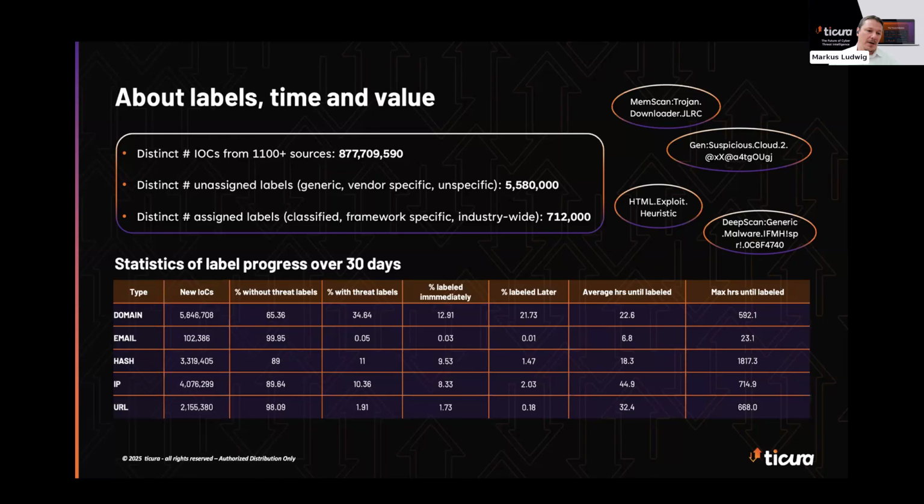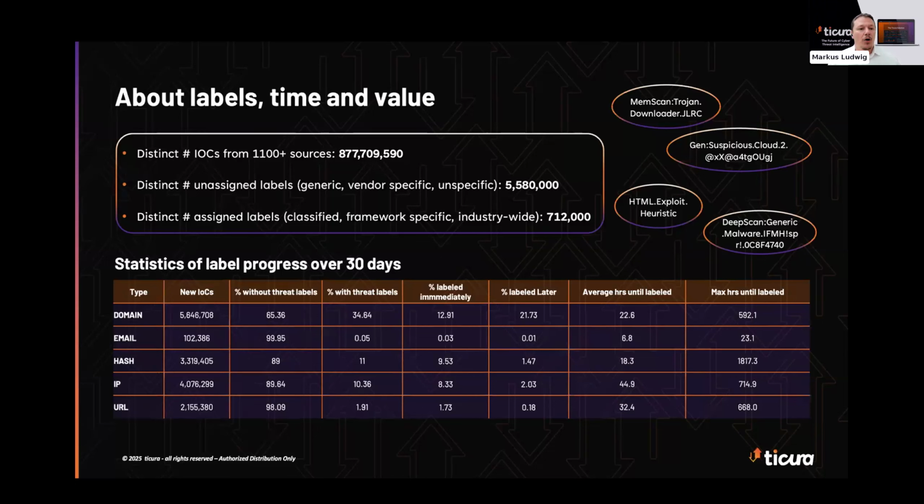Now, on the domain part, I have to say the percentage is very high compared to the other types of indicators. That is because you have a lot of information from DGAs. And DGAs are typically by nature labeled and are actually pre-calculated domains.